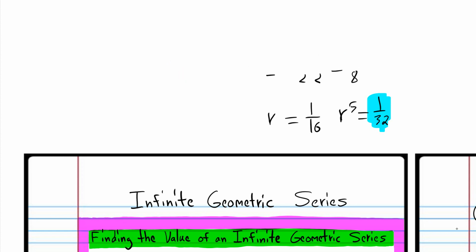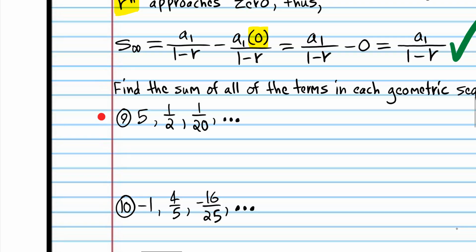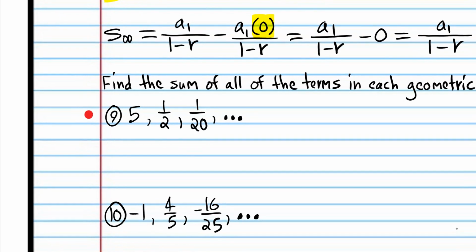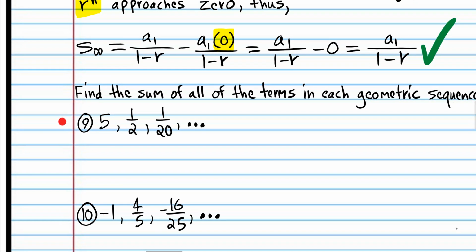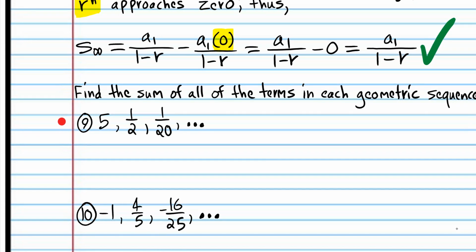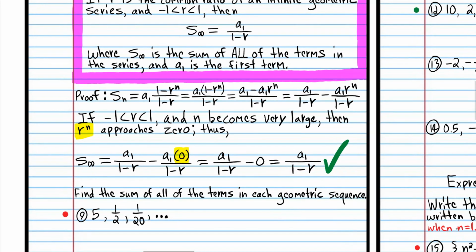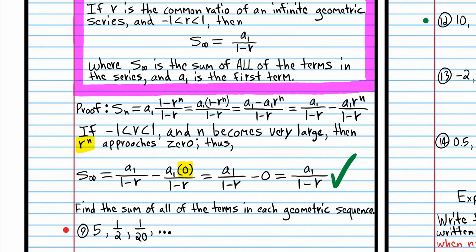So if your sequence has a common ratio that is a fraction, in the case of this first sequence we're going to learn here, notice that the numbers are approaching 0. So if the terms in a geometric sequence approach 0, then we can actually find the sum of all the terms, even though there's an infinite number of terms.